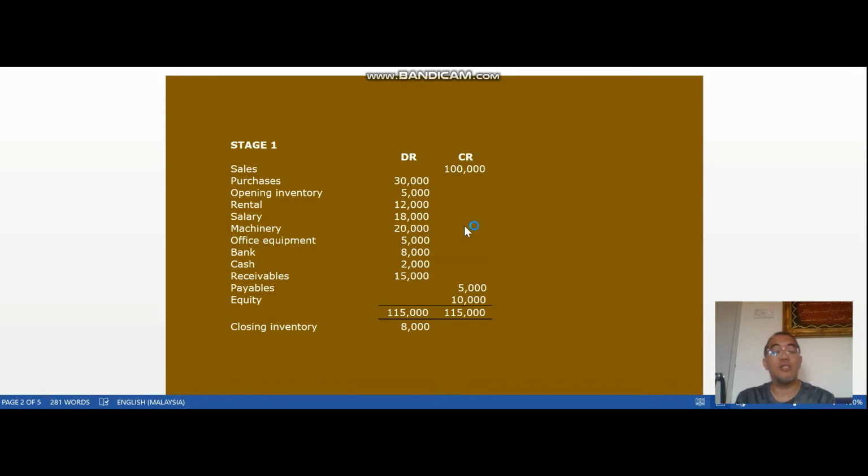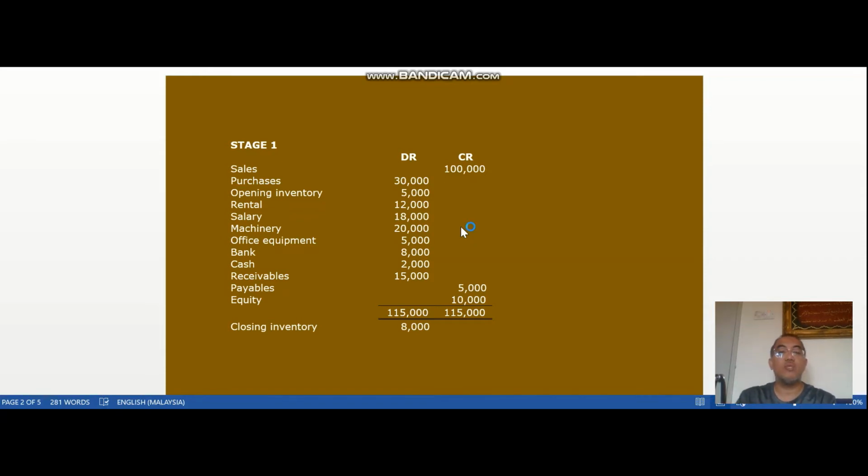I call it statement of profit and loss or SOCI, statement of profit and loss and comprehensive income, and statement of financial position is also known as balance sheet. We need to separate the items because after we have separated, we know what should be put in the statement of profit and loss and what should be put in the statement of financial position.